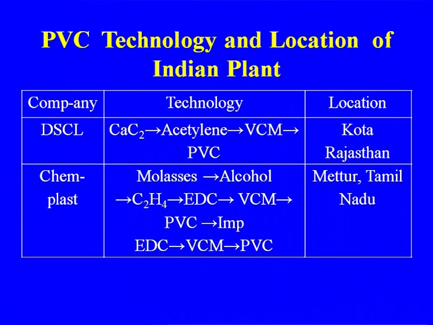These are some of the locations, already we discussed about the locations, but what are the routes they are using. DCW uses calcium carbide to acetylene, to the vinyl chloride monomer, and then PVC. Another route is molasses to alcohol to ethylene, then ethylene dichloride, which after cracking gives vinyl chloride monomer and the PVC that we are getting.